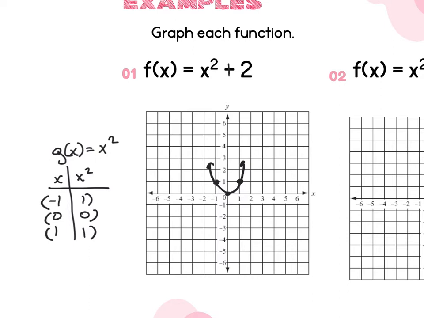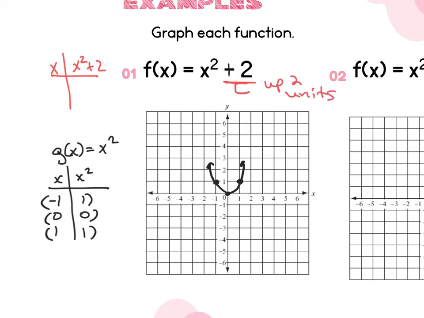Now, instead of making a table and plugging in different numbers into this, all we're going to do is apply the shifts. You need to memorize that when there is a number added to your function, this means I'm going to take these 3 points that I just graphed up 2 units.